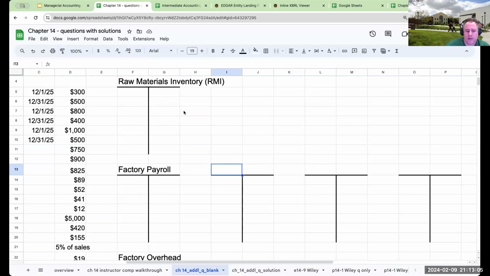So this comes over here and goes into our work in process, or work in progress, WIP, and then we have finished goods inventory. And then lastly, we get to our cost of goods sold.